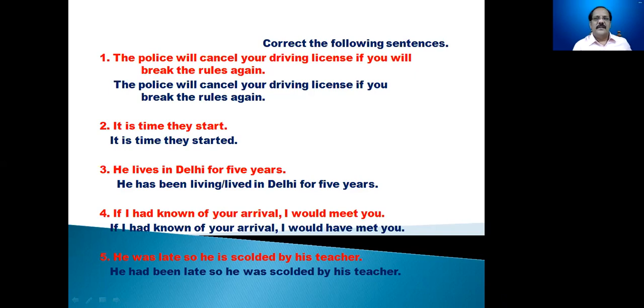In a sentence, all parts must be in the same tense. So that's why we are making a correction with regard to tenses. He was late is in the past, so I am converting he is into he was. So the right answer is, he was late, so he was scolded by his teacher.